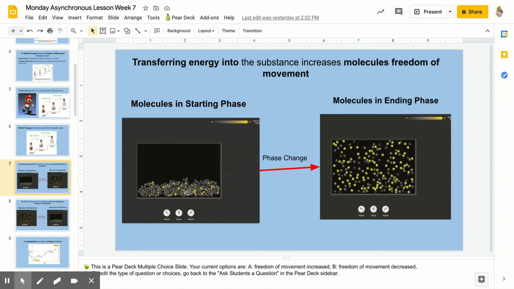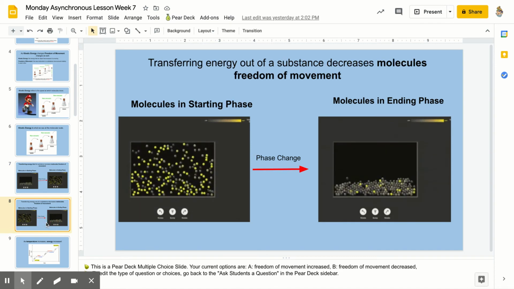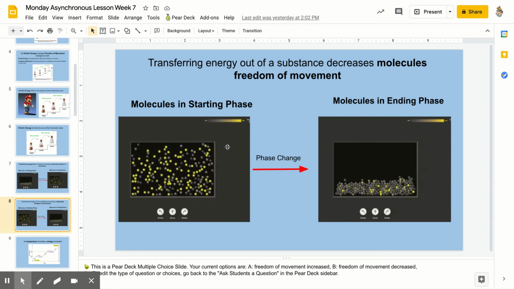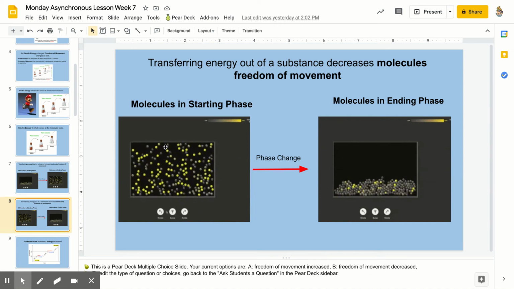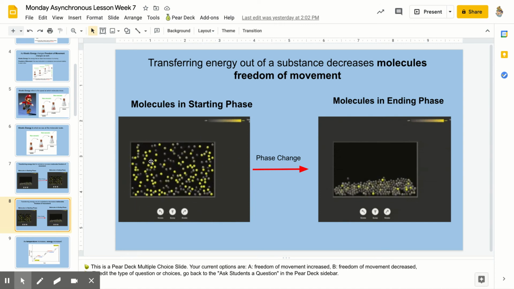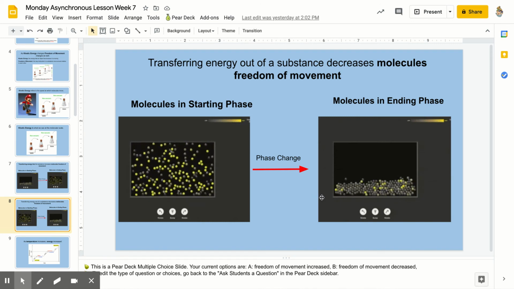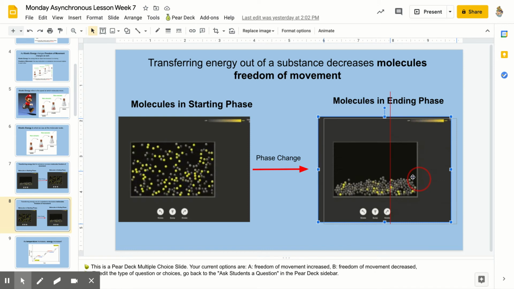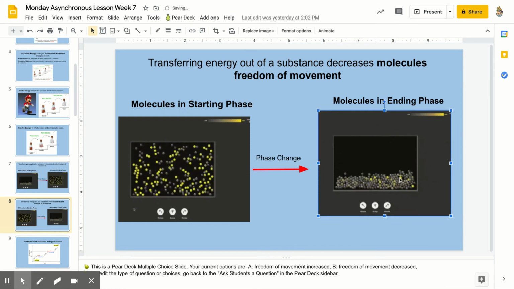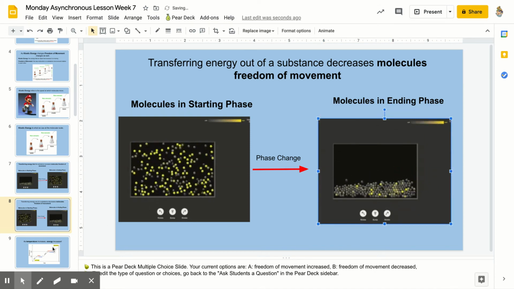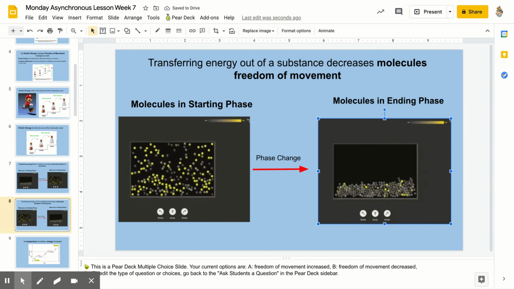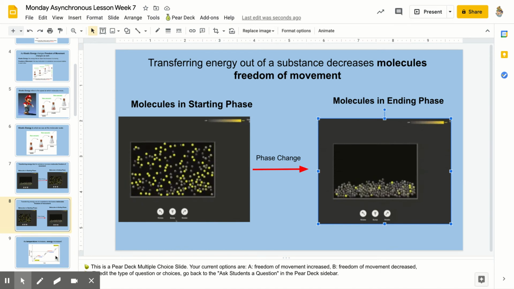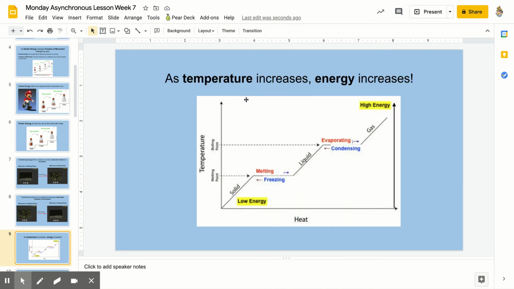Whereas if we transfer energy out, if we take energy out of this substance, the molecules are going to start moving around a lot less, like you're seeing on this picture right here. So when we transfer energy in or out, something else was going up or down depending on what we were doing.